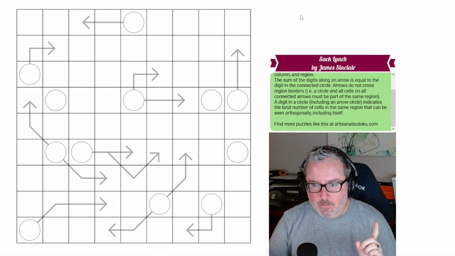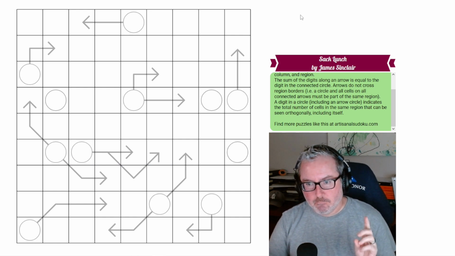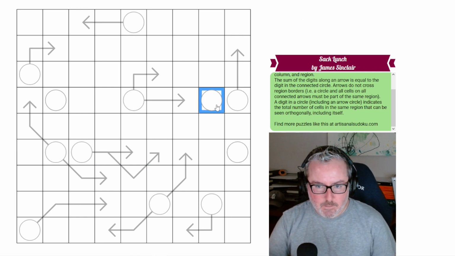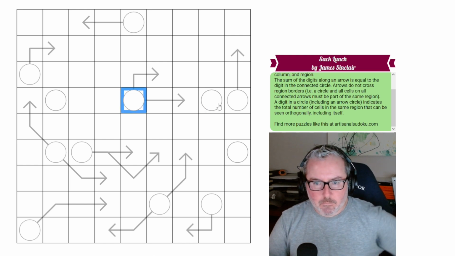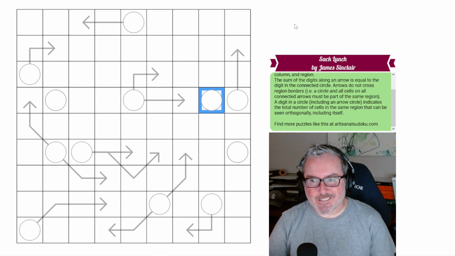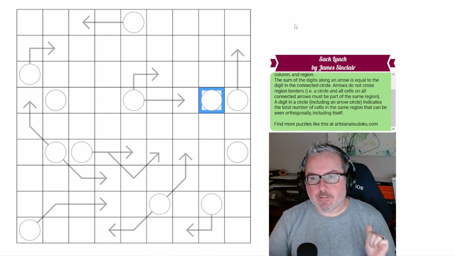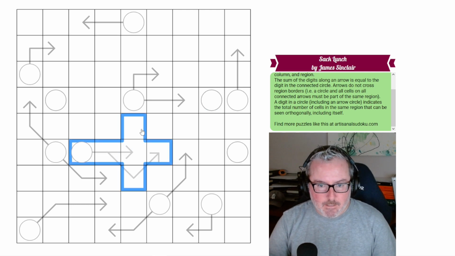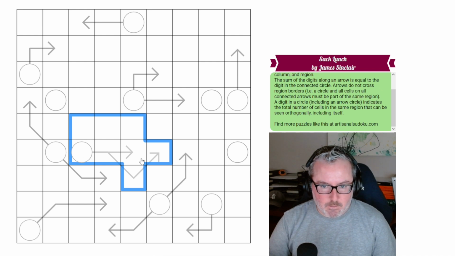That is not all for these arrow rules, though. We also have a digit in a circle, including an arrow circle. So even the ones that don't have an arrow, all of these circles indicate the total number of cells in the same region that can be seen orthogonally, including itself. So we'll go back to this guy. Let's just say that this was 7, 8.